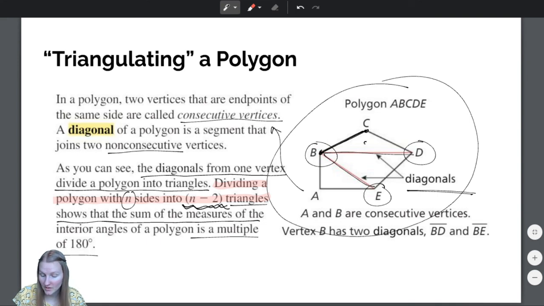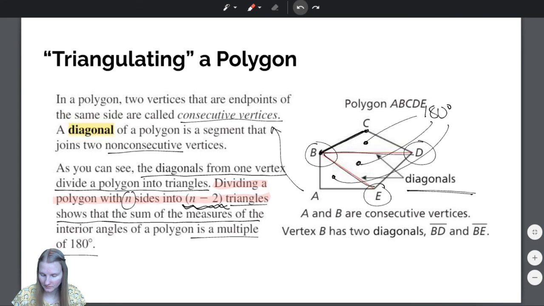So depending upon the number of triangles in a shape, I can multiply that by 180 degrees and get the total number of degrees in this shape, because each of these triangles has 180 degrees in it. So how many degrees would the total polygon have? Actually, let me leave that there.